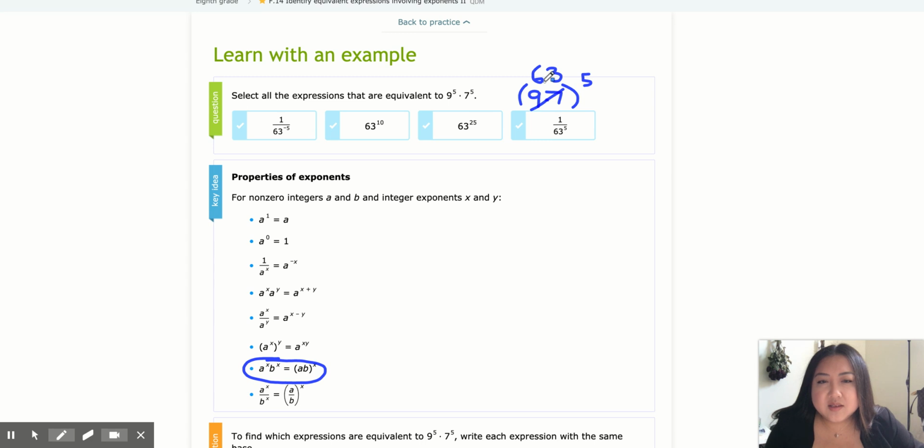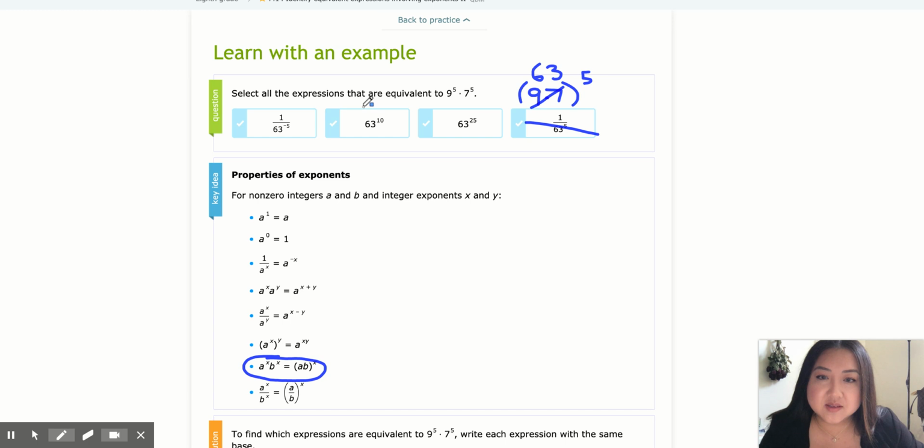So then 9 times 7. 9 times 7 is 63. 1, 2, 3, 4, 5, 6, 7. That's 63. Did I do something wrong? It's not to the negative power, so it's not this one. I see. So the answer should be the first one.